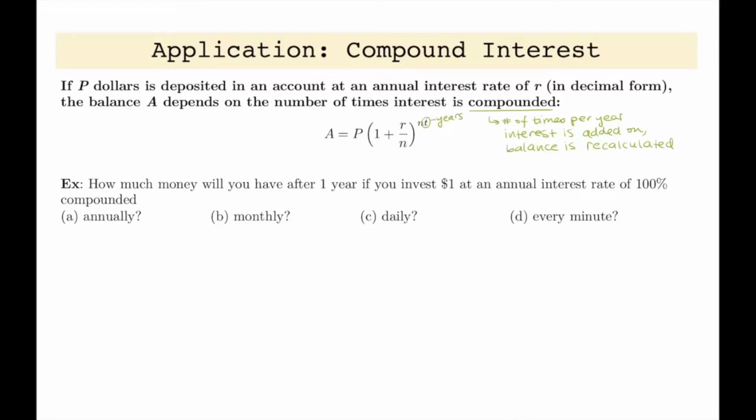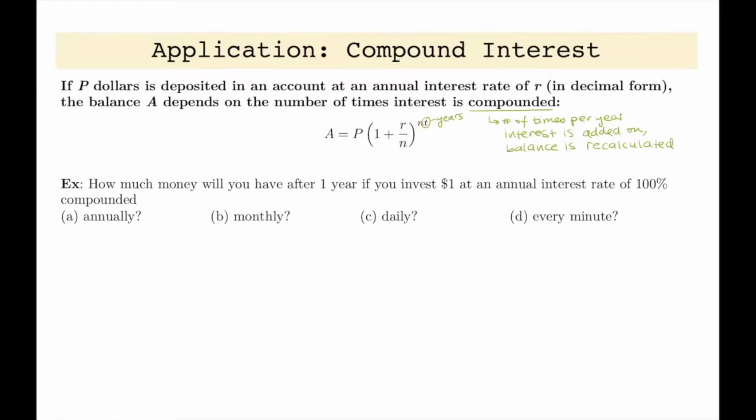If you are looking at an account that is compounded annually, then your N would be 1, because that means once a year your balance gets recalculated and your interest gets re-added on. If it's weekly, that would be 52, 52 weeks in a year. So this N just represents that.